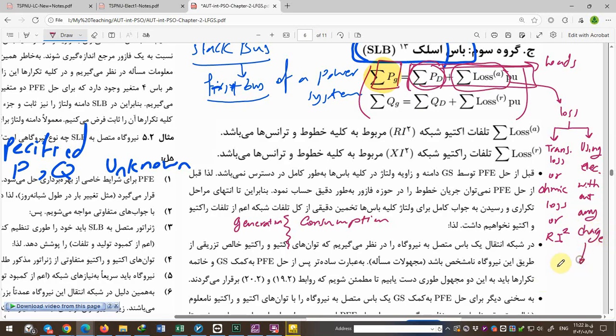In other words, it is electricity theft.